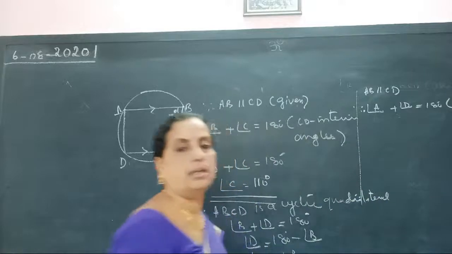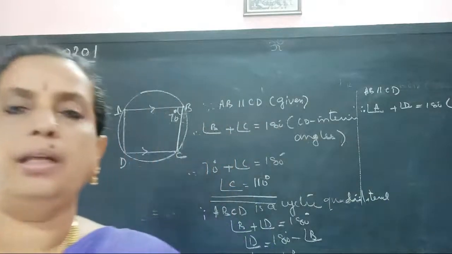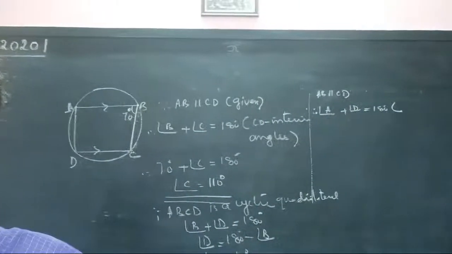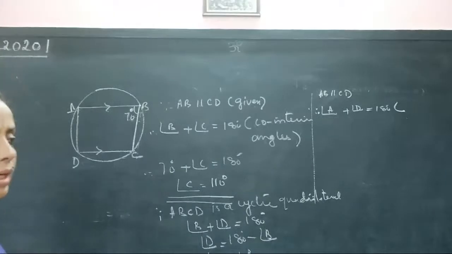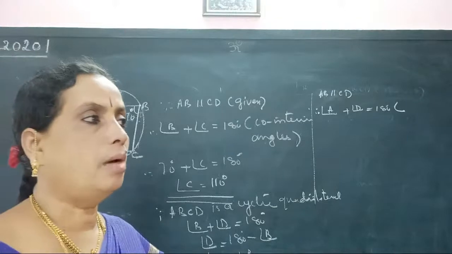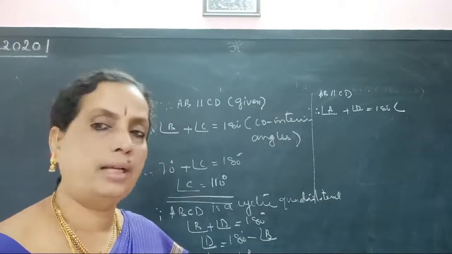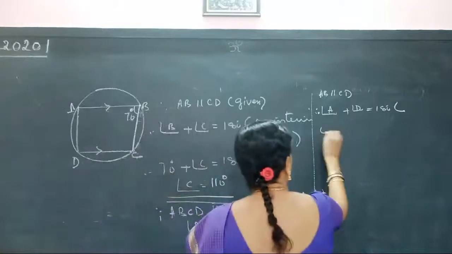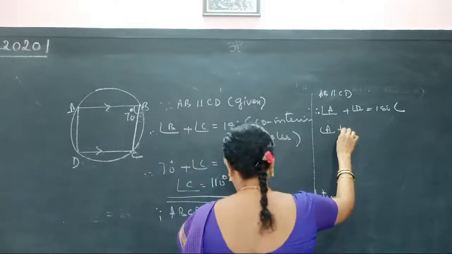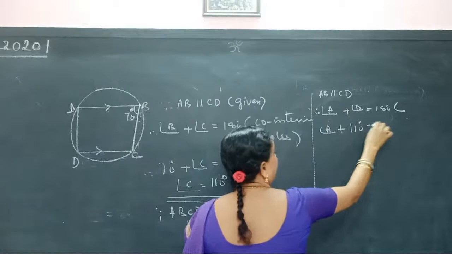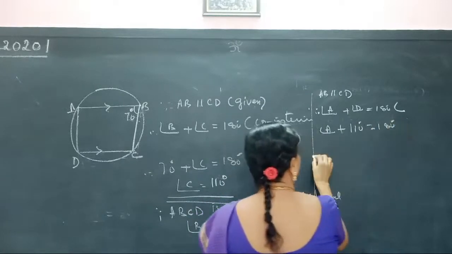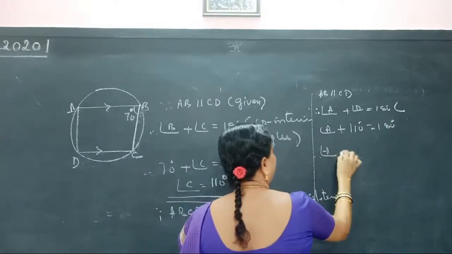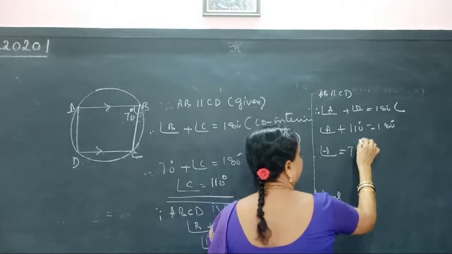Write the reason: co-interior angles. When a transversal intersects the parallel lines, the sum of the co-interior angles is supplementary. Now angle A plus angle D, where D is 110 degree, is 180 degree. Therefore, angle A equals 70 degree.